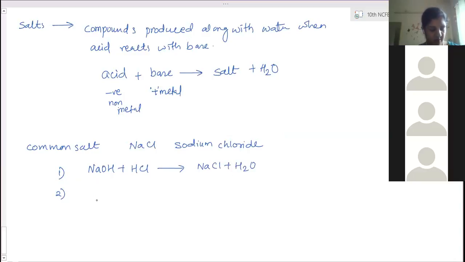Second one, commercially. Purvi, how is it produced commercially? Purvi, are you there? Purvi, are you there? How many double C's? Okay, Nainika, tell me.